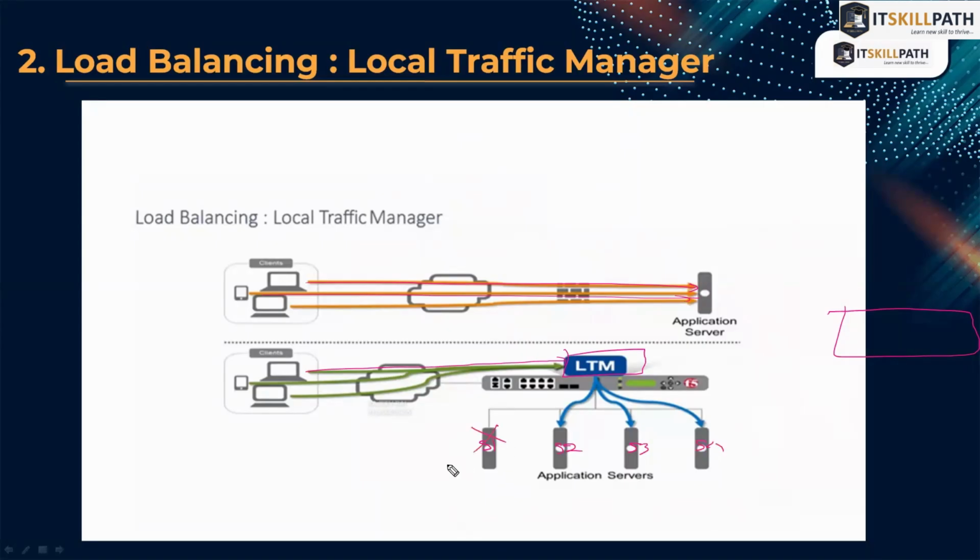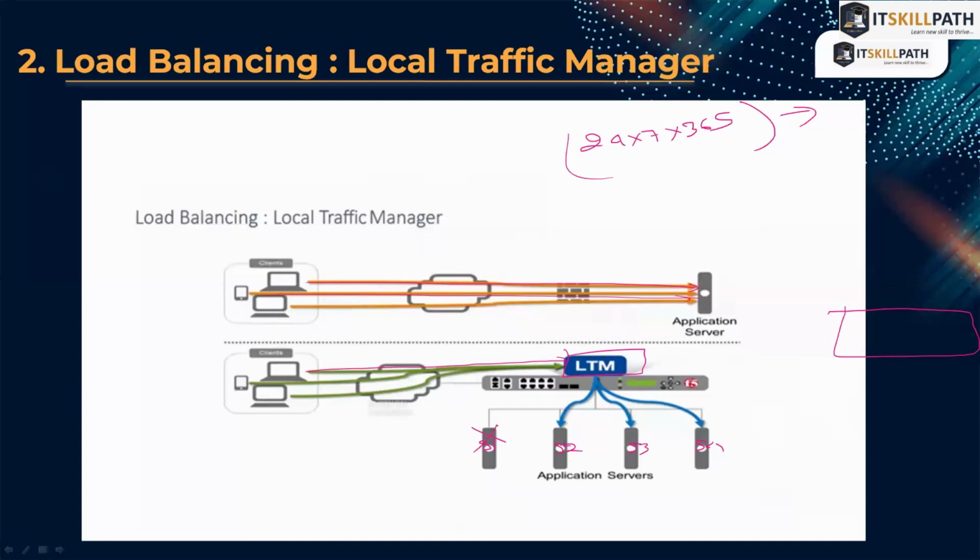If a server goes down, F5 knows that this server is down, and it will only send the traffic to these three available servers. So we have 24 by 7 by 365 availability, meaning all day. I'll show you in the demo today when I'll be explaining in the lab. So I'll cover this.